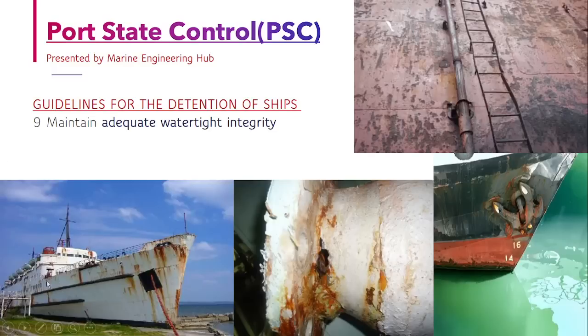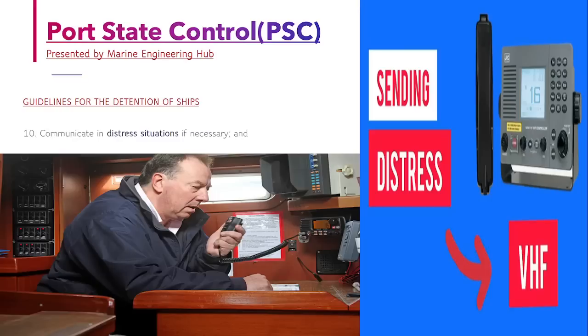Now if your ship looks in such a bad condition that it may hamper the watertight integrity, and the hull can get ruptured anytime, or the hull is deteriorated in such a condition that it may be subjected to grounding, or it can damage the environment, in that case your ship may be detained.